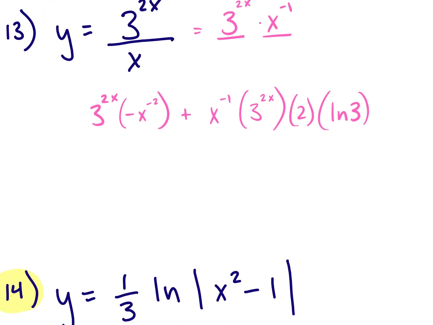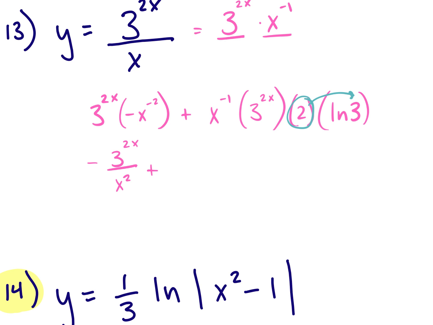We could rewrite this as negative 3 to the power of 2x over x squared plus, you could leave it separate, but just to show you guys, one way to simplify it is we can move the 2 to be an exponent on the 3 there.